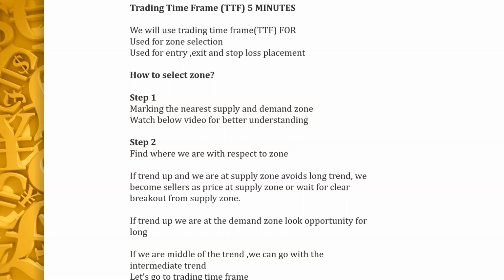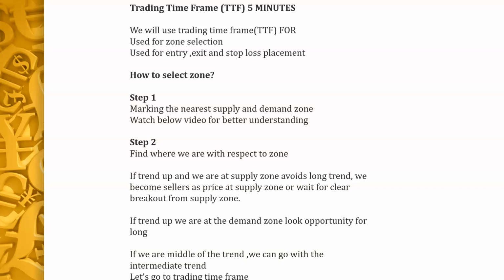Now, if the trend is up, and this is a key thing here, and we're approaching a supply zone, we want to avoid those long trades. We become sellers as the price hits that supply zone, or we can wait for a clear breakout from that zone, i.e., any type of pin bar, any type of engulfing.